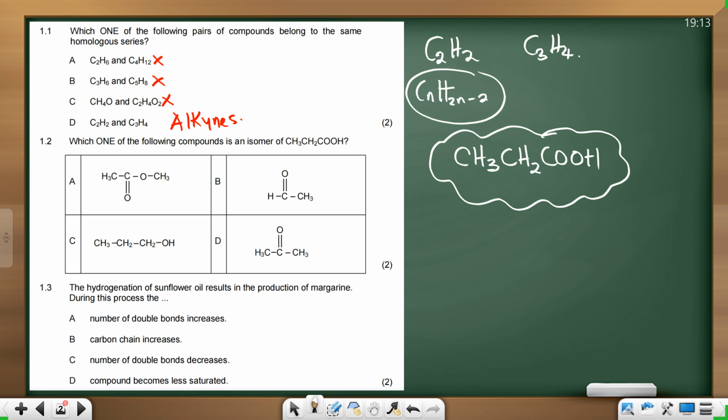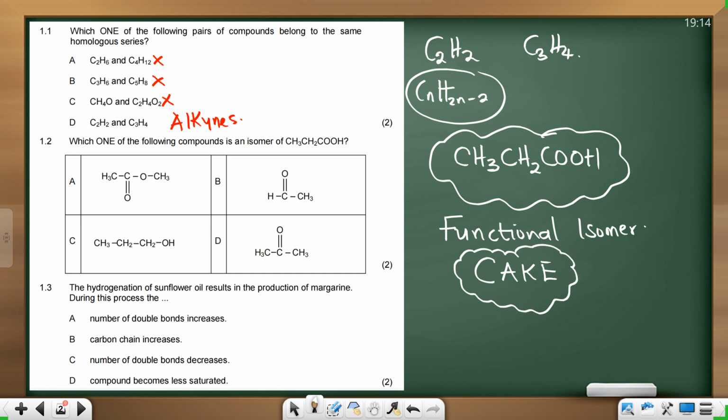Lovely. And if you've been following my classes, you would automatically know that when it comes to this isomer here, this is a carboxylic acid. You should know automatically that we are talking about functional isomers. That's what comes to mind first. I'm sure you remember the cake. For those of you that have been working with me, cake.